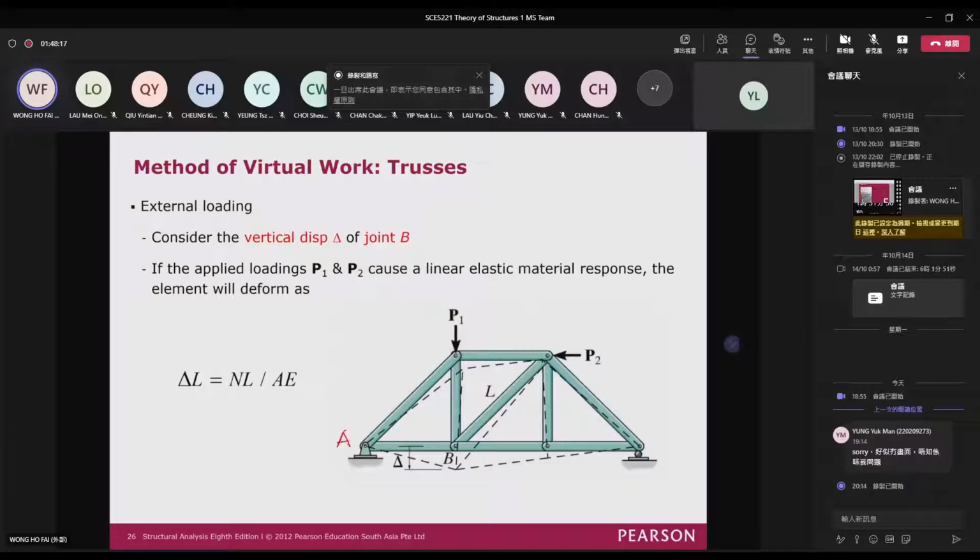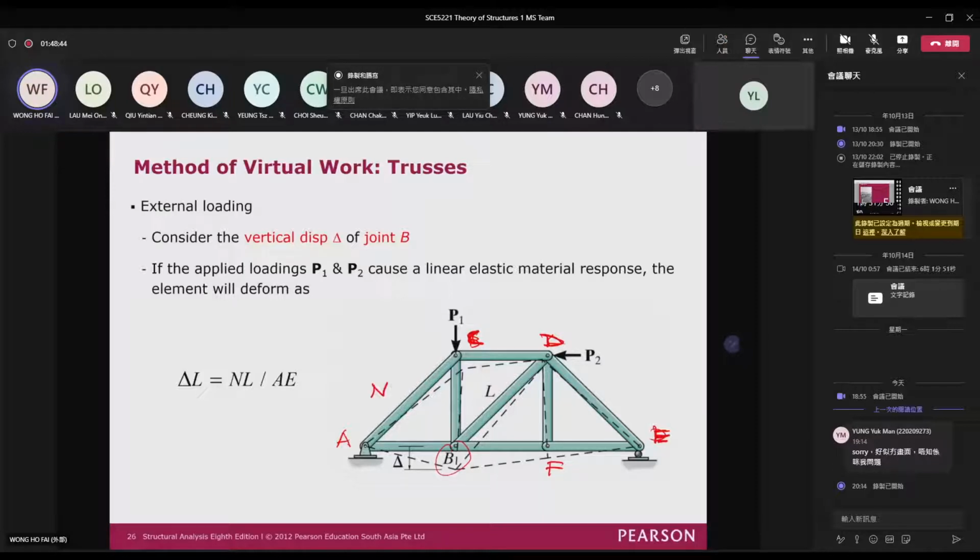For example, this is A, B, C, D, sorry, B is right here. A, B, C, D, E, F, something like that. Then under the real force, we have the so-called real internal force.